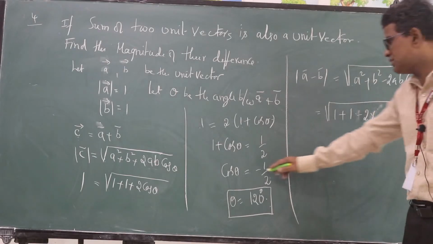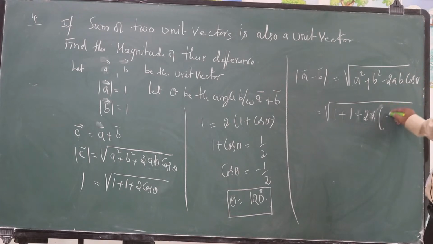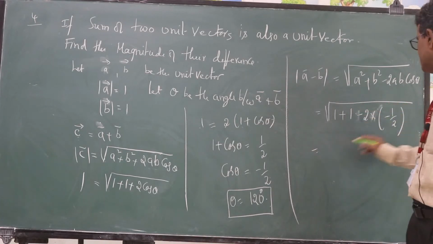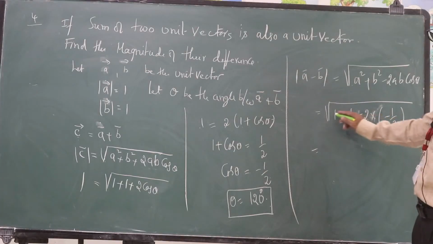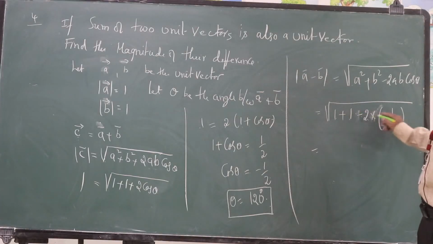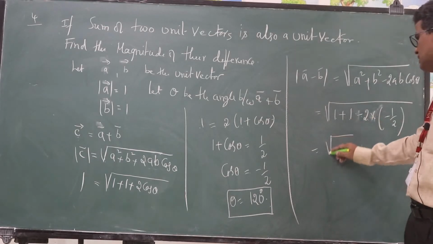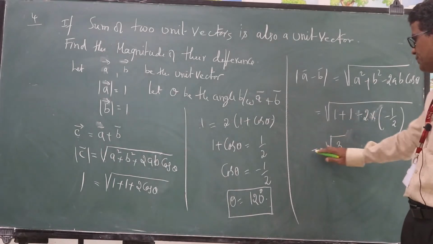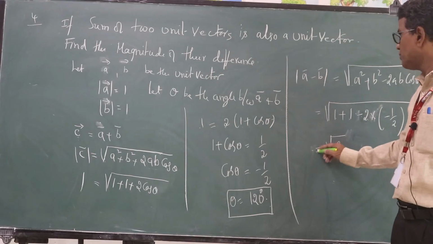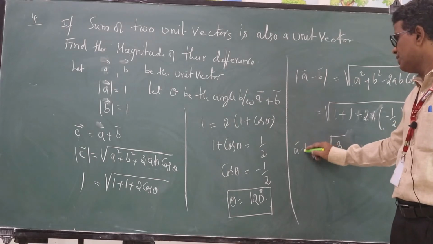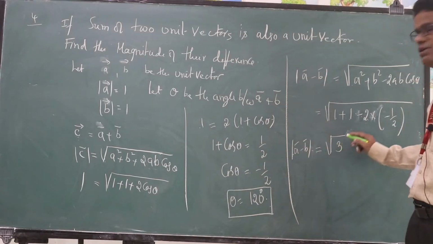Cos theta is minus half, so minus minus becomes plus, the 2 gets cancelled, and we get 1 plus 1 plus 1, which is root 3. So the mod of a bar minus b bar is root 3.